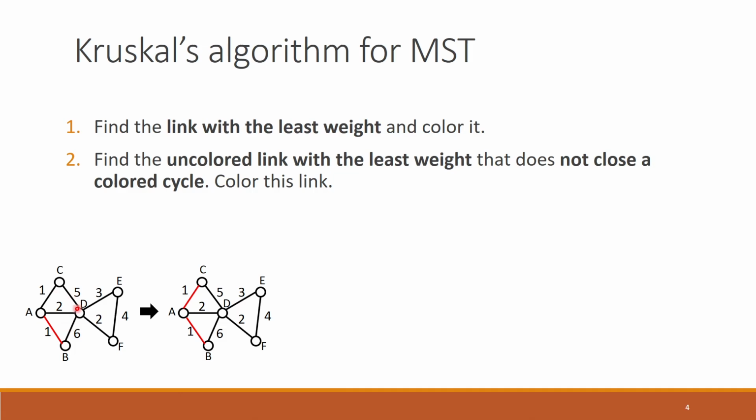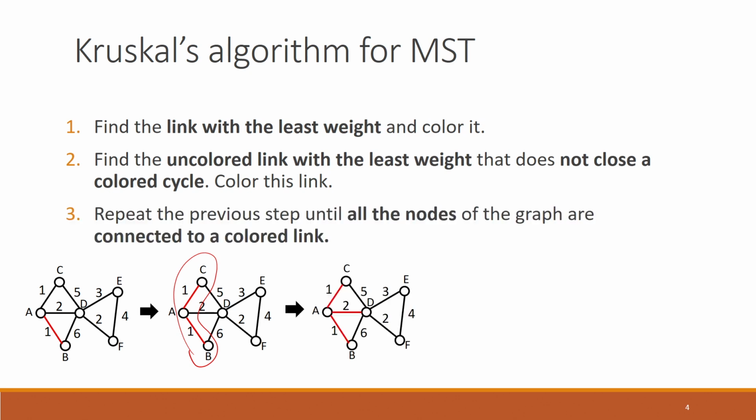Out of all the black colored links here, link AC has the least weight which is equal to 1. If we color it, then we can see that these two links AB and AC are not forming a cycle, okay. So our selection of AC is fine, okay.